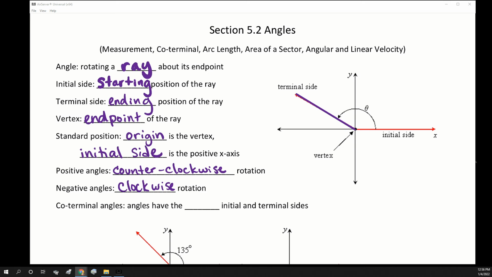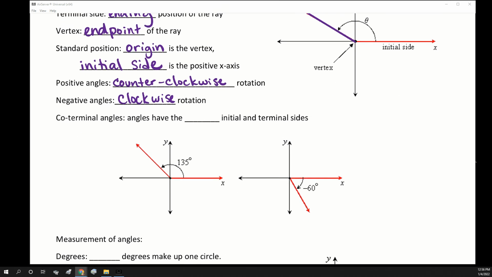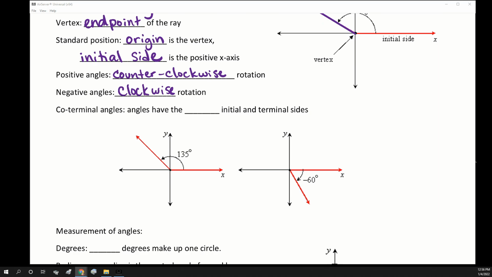Now, coterminal angles is probably a new concept for you. Coterminal angles have the same initial and terminal sides. This angle drawn below is positive 135 degrees, but that angle could also rotate in the negative direction.